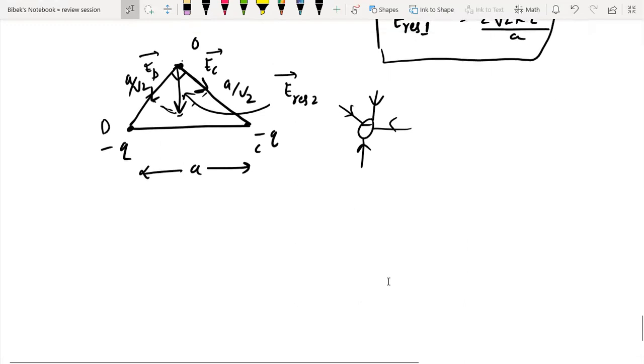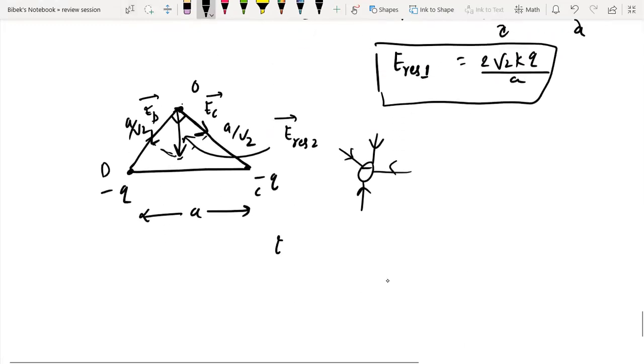At first, let's calculate the magnitude of EC. The magnitude of EC is the same as in the last case, that's KQ over A over root 2. We won't be taking the negative sign here because we're only dealing with the magnitude.